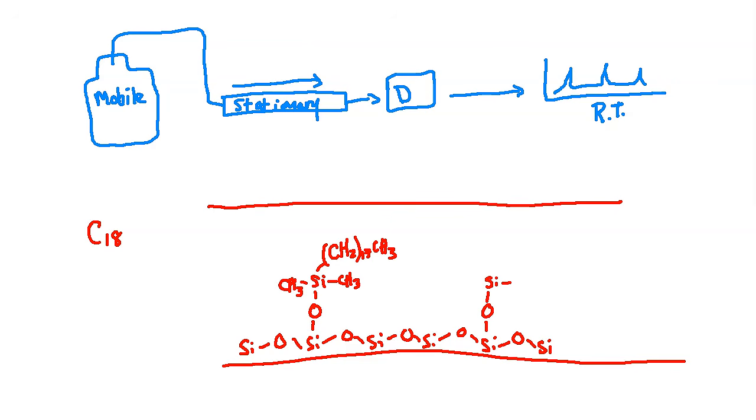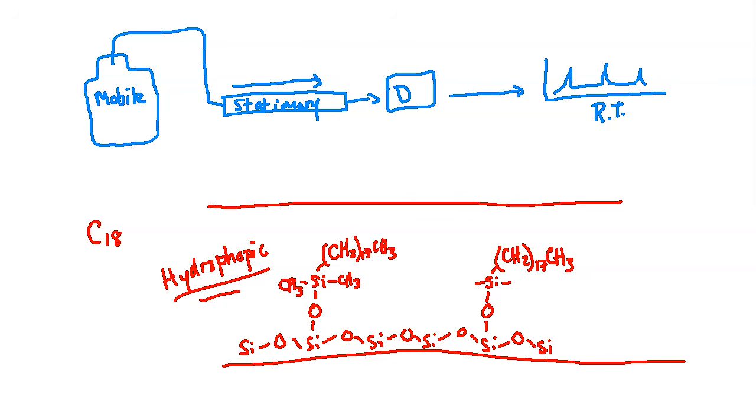You have the silica with the two methyl groups, and then you would have a CH2, right? And you have 17 of those and a methyl. So you have these very, very long hydrophobic, and that's important in a case like this, okay, hydrophobic chains. And I mentioned that that's important because you could also have a hydrophilic or a polar type of chain.